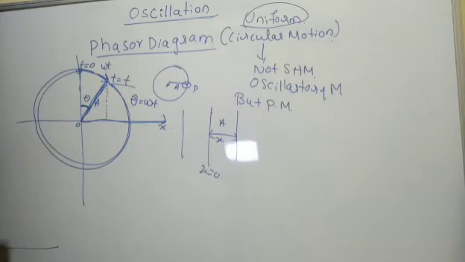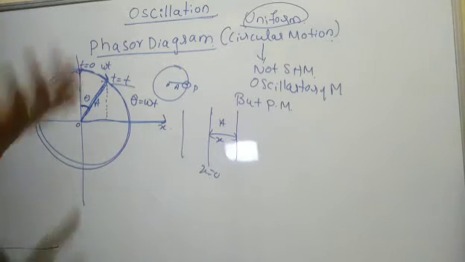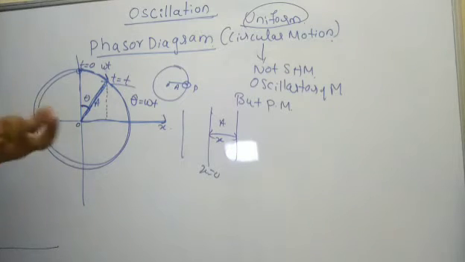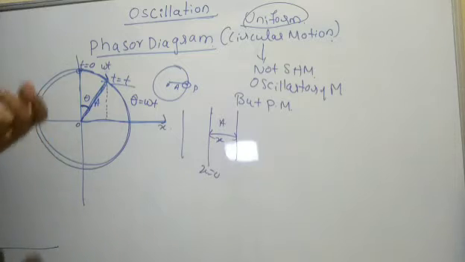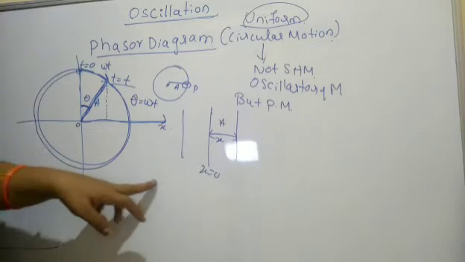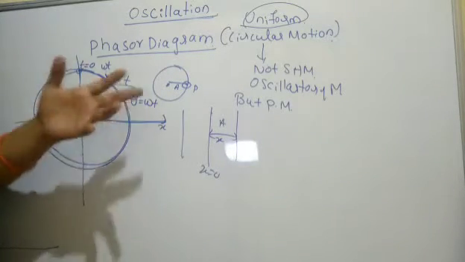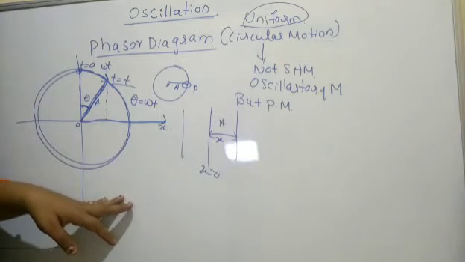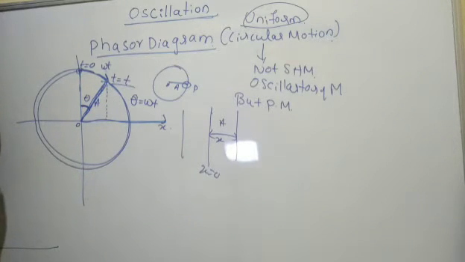No doubt all particles execute oscillatory, to and fro motion. When is it said to be simple harmonic motion? In its simplest harmonic form, where force is equal to minus kx, where k is, in terms of m, k by m, or else omega by m.